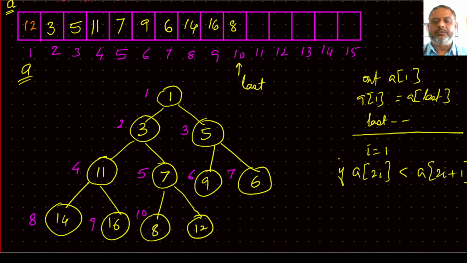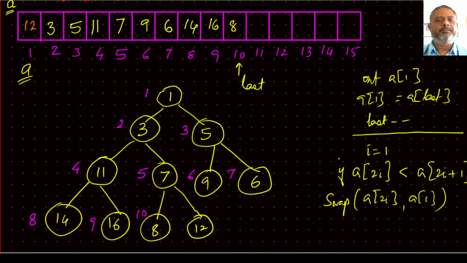So what we should do, a of 2i and a of i need to be swapped. So 12 and 3 are swapped.